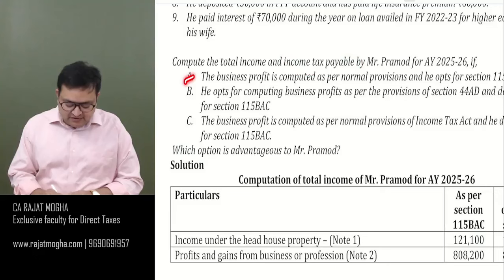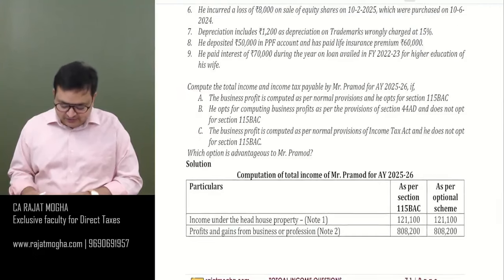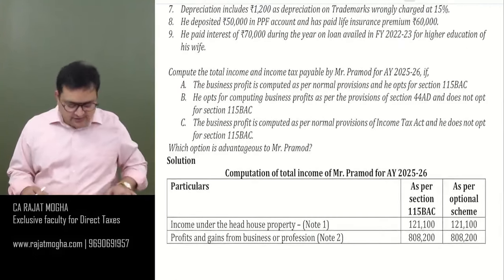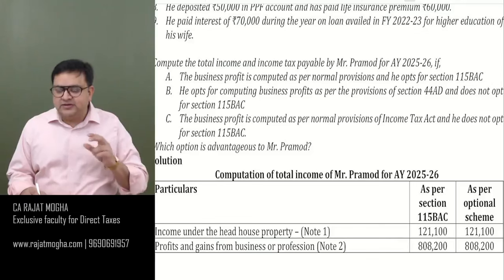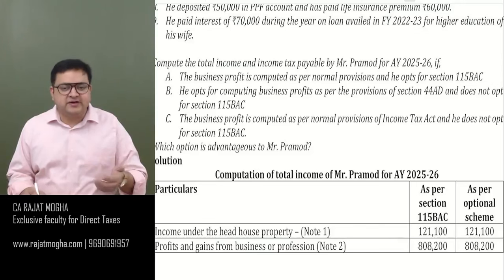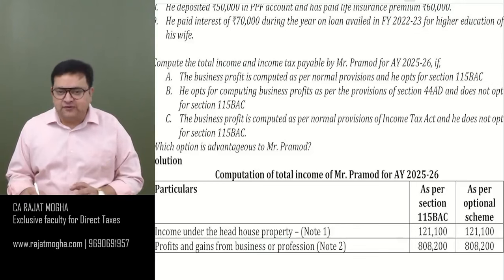And they have given 3 pointers also, 3 questions also here. It says, the business profit is computed as per the normal provisions and he opts for section 115BAC. So they are saying that right now this assessee is following 115BAC, that is the default regime. Compute his income as per the default regime.